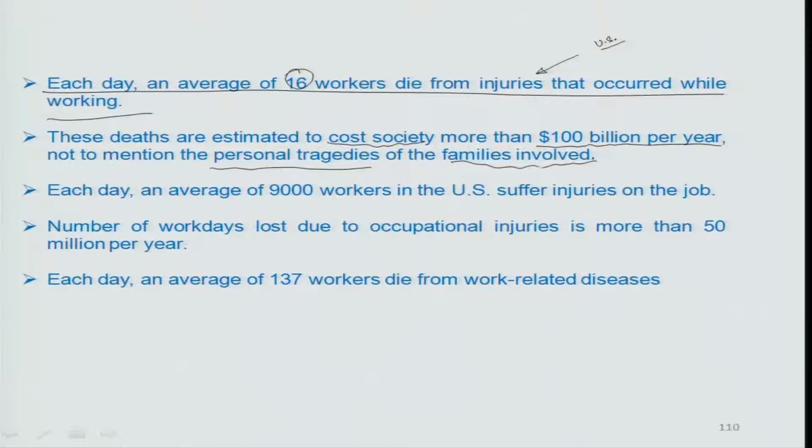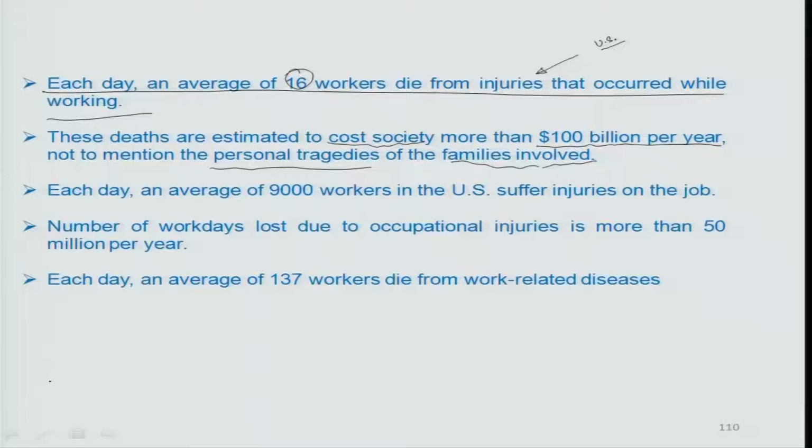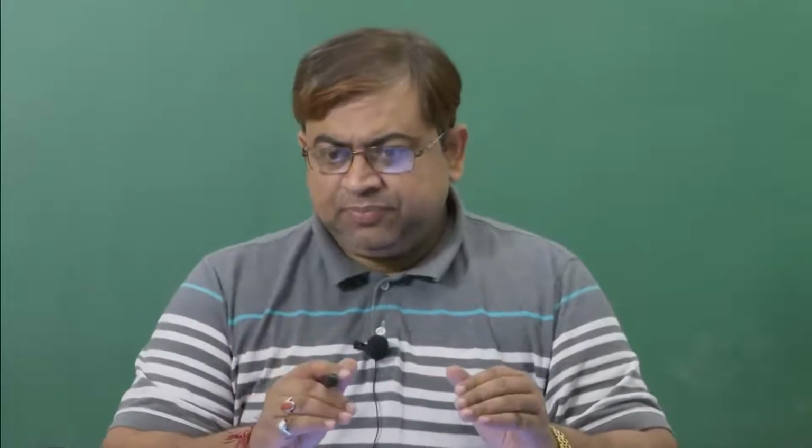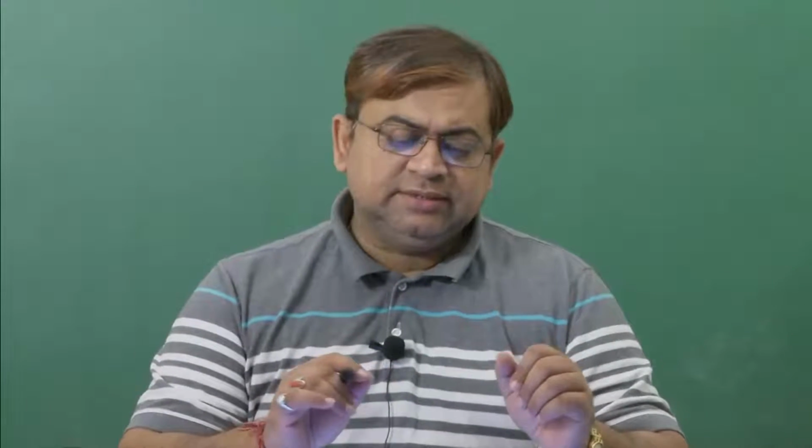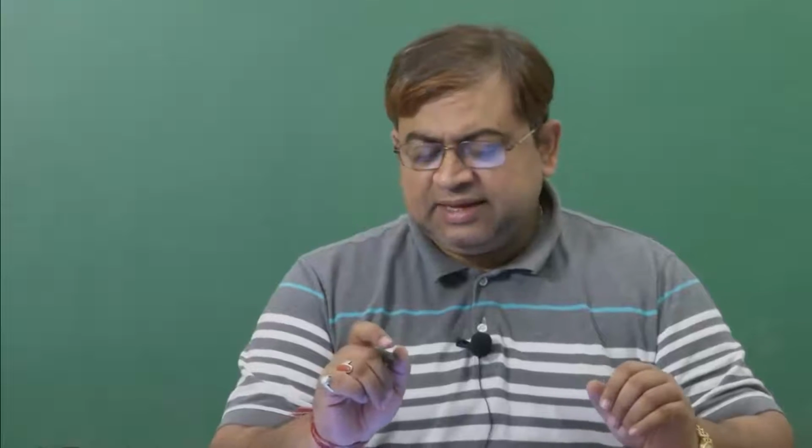Obviously this is not a practice that can be sustained, and so we definitely need to develop zero tolerance systems as far as occupational safety and occupational hazards are concerned. You want to develop systems which are very safe, possibly with a foolproofing step, so that there is no recurrence of any major event which leads to casualties among the various stakeholders related to a work system.